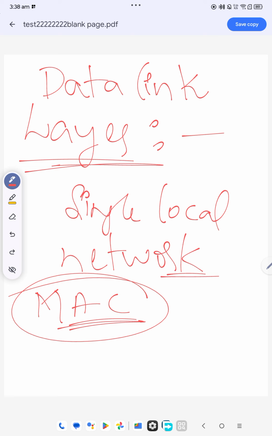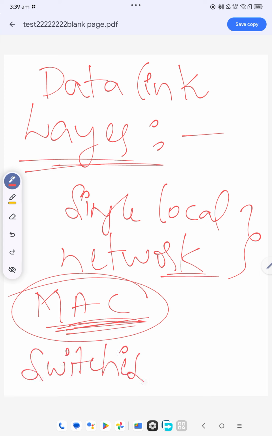Okay, I think you understand it. It is also like physical hardware addressing. We will discuss MAC in more detail later, and the switch operates here. I think you understand the switch is about the MAC layer, and I have already told you about the switch and router.